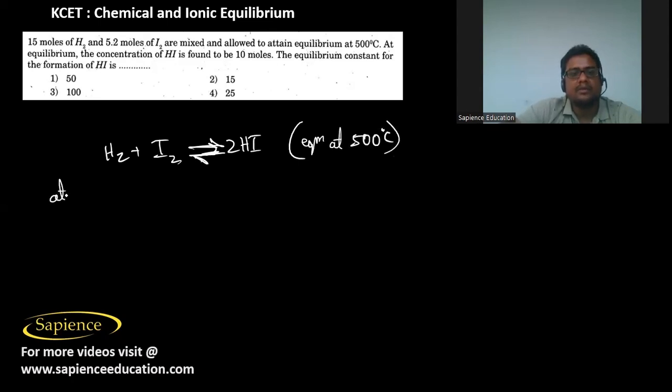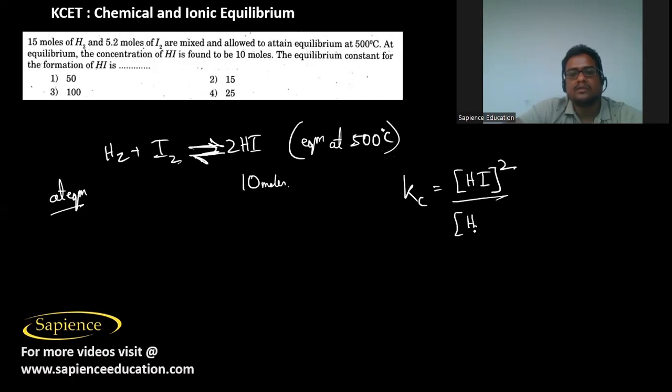Then at equilibrium, the concentration of HI is found to be 10 moles. Then the equilibrium constant for the formation of HI will be how much? So it will be the equilibrium concentration of HI whole square divided by the equilibrium concentration of H2 into the equilibrium concentration of I2.